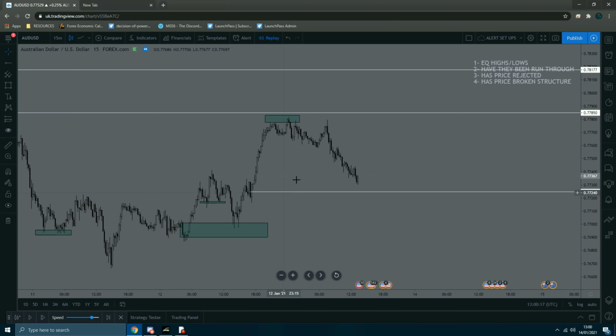Although it's quite steep, look at the angle of this compared to this side here. That's more impulsive, this is more corrective. So I'm going to go down to a 5-minute chart so we can start looking at the point where I was looking to get in.